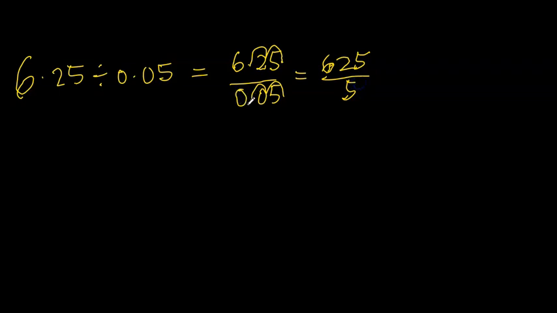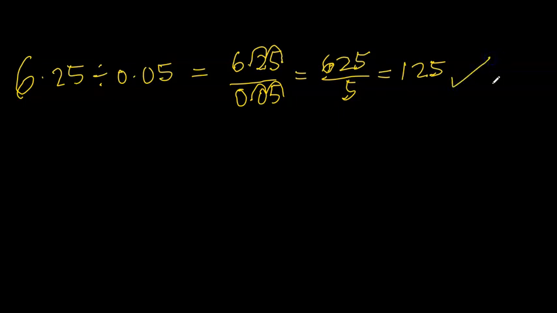Remember, you can't start a number with a 0, so ultimately, all these zeros vanish. So we have 625 divided by 5, and this gives us 125. When you get this number, that's your final answer.